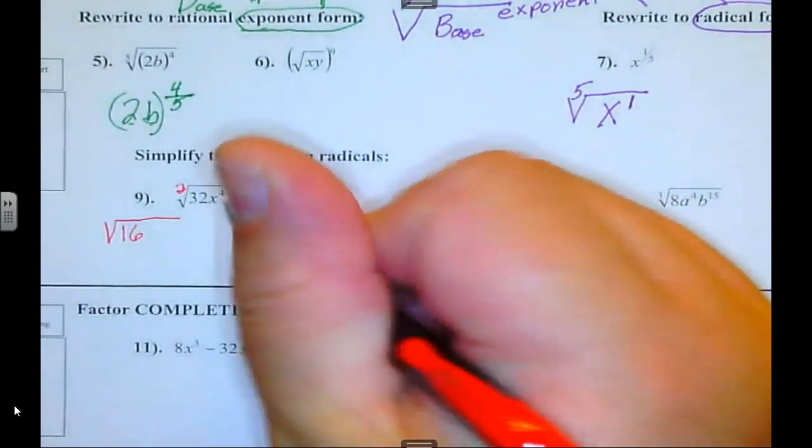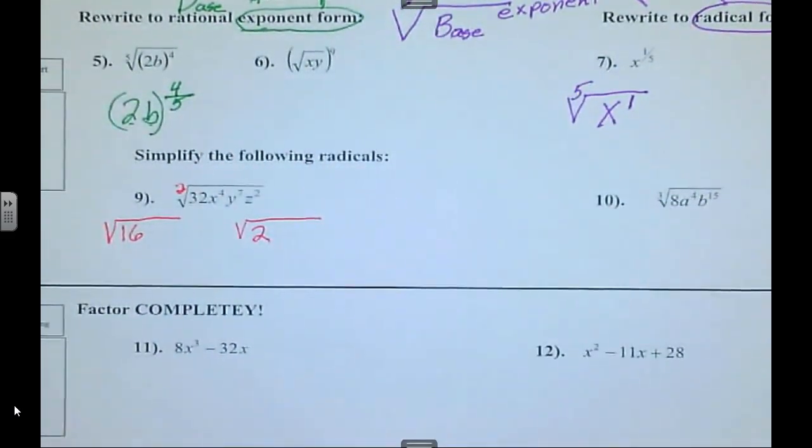Okay. X to the 4th. Is that a perfect square?